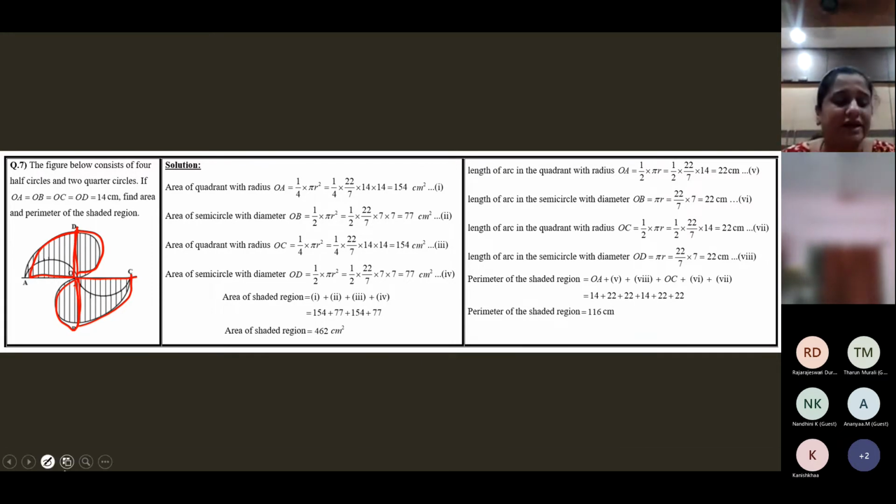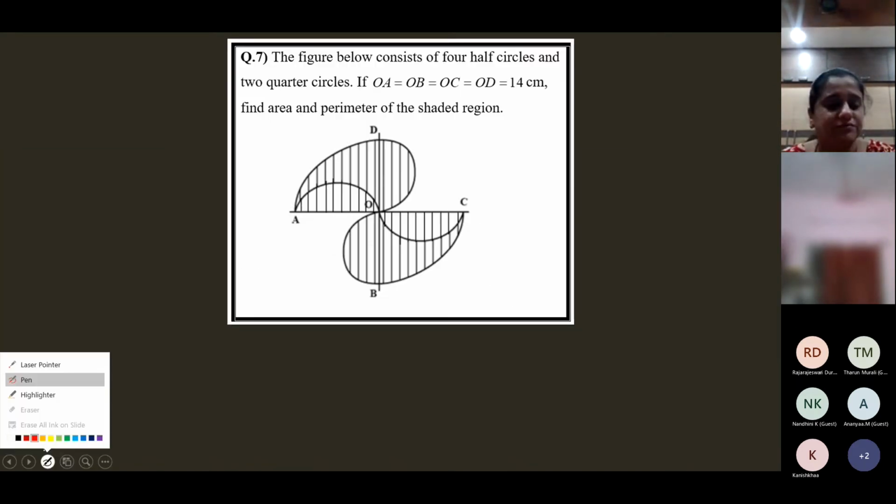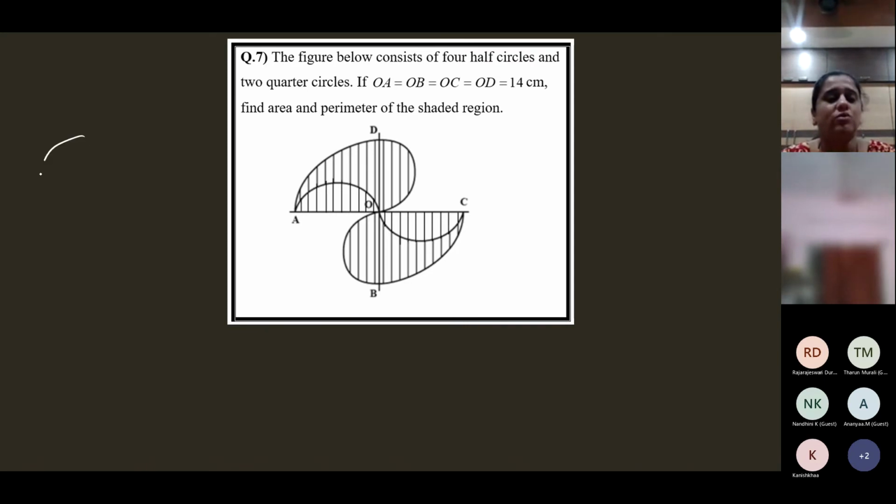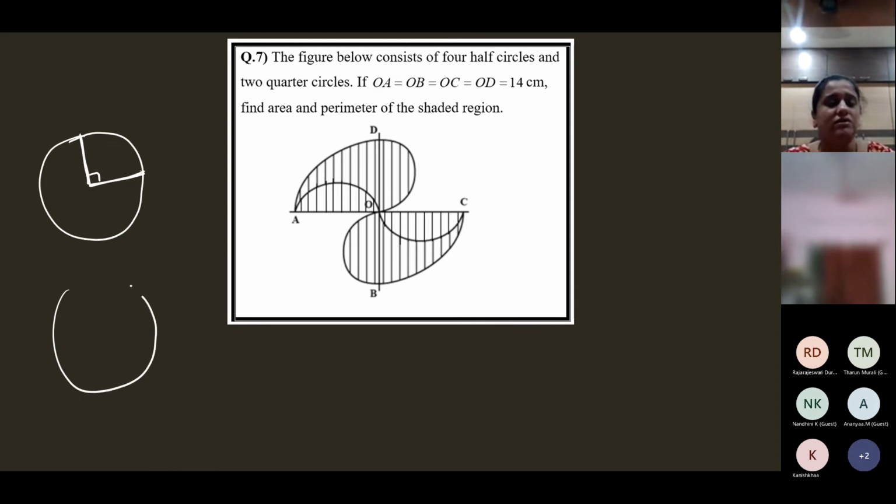Now, be careful while taking the radius. See, in a circle, this is a quadrant. This is a quadrant. So this is the radius. This is the radius. But in a circle, this one is a semicircle. For the semicircle, this is the diameter, not radius. If it's a semicircle, this one is not the radius, it's a diameter.